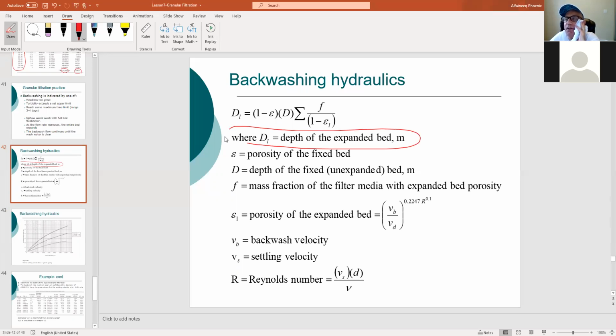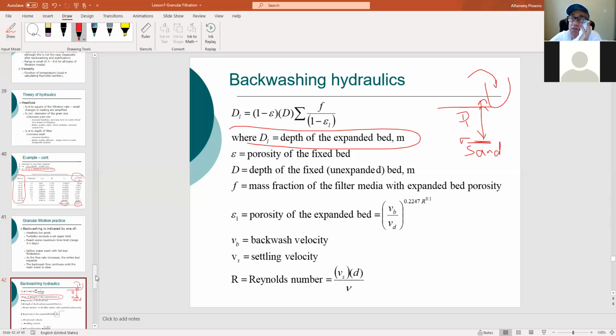You need to calculate that so you know at least that from the top of the sand you have enough space when it expands, and it will not go inside the trough itself. So you need to make sure how far you're going to expand all the way to the top. This is another thing that you calculate for your filter bed, in addition to the design that we just talked about.